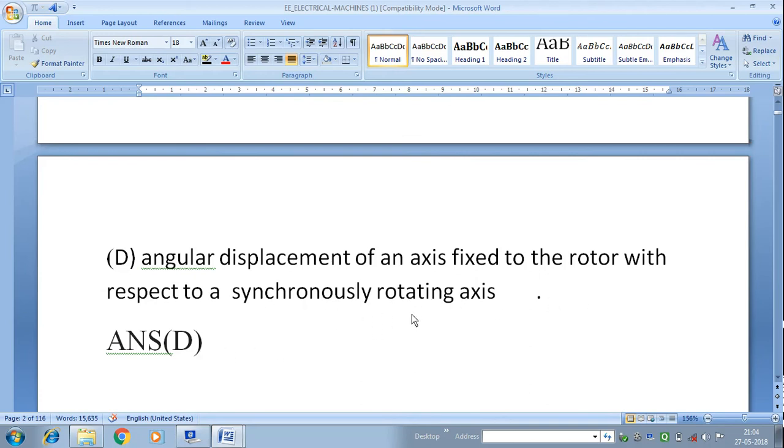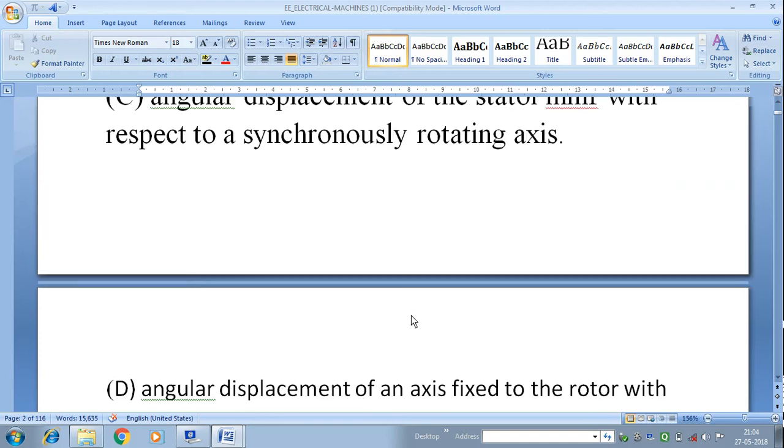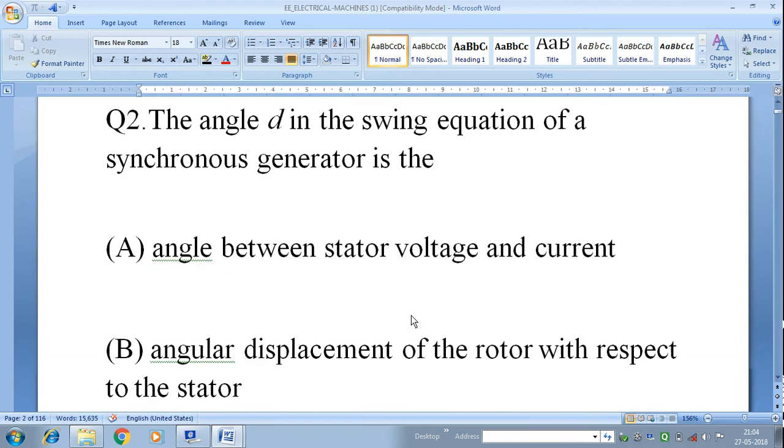So answer D is the most suitable answer for the angle delta in the swing equation of a synchronous generator.